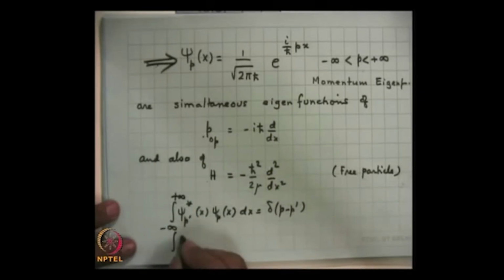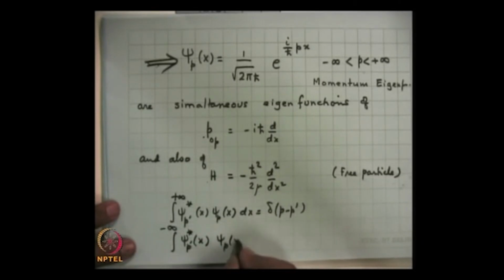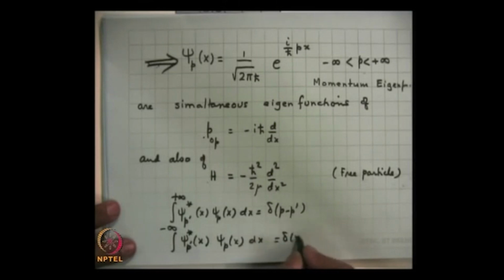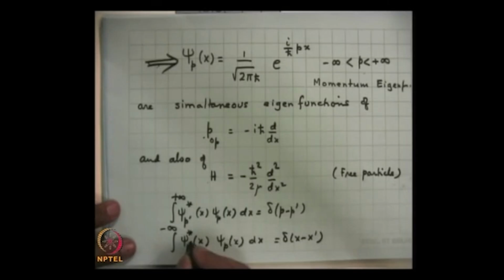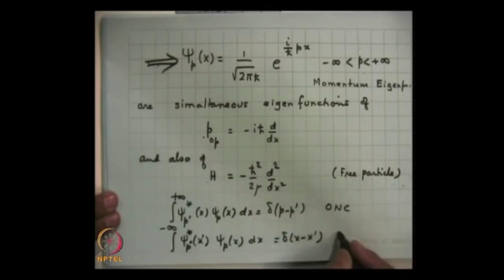And they also satisfy the completeness condition, which equals delta of x minus x prime. This is the orthonormality condition, and this is the completeness condition.